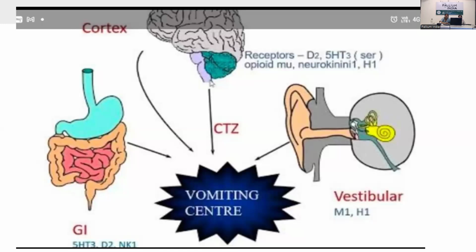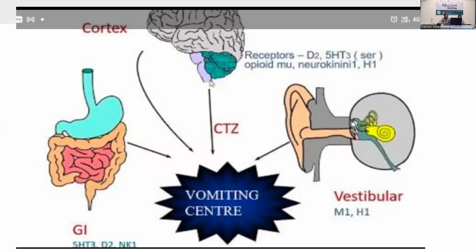In the ear, when you are traveling and have motion sickness, the vestibular system is affected and some histamine is released. We have the M1 receptor and histamine receptor, so it will affect the vestibular system and send impulses to the vomiting center, and that's how we vomit.